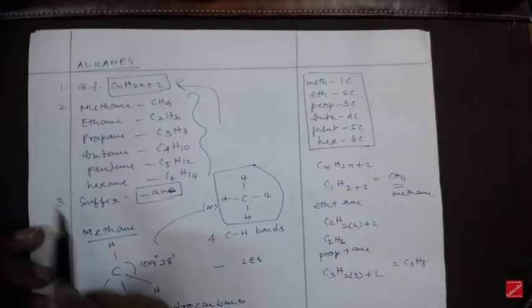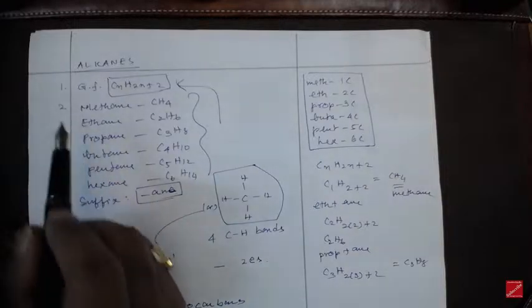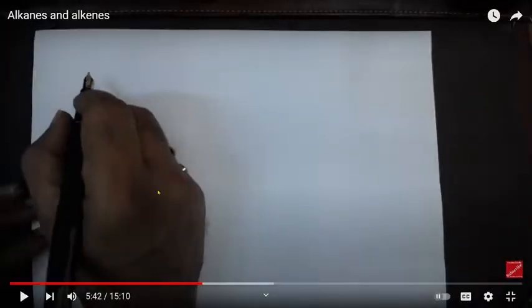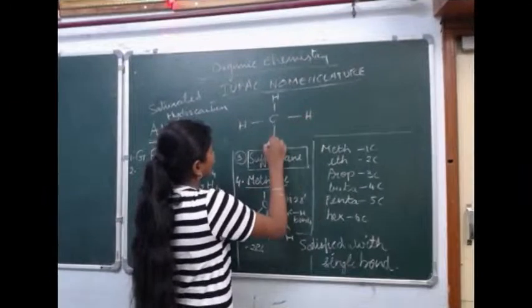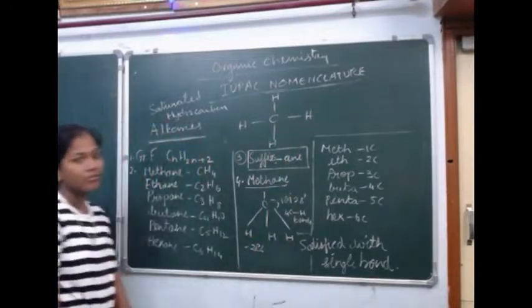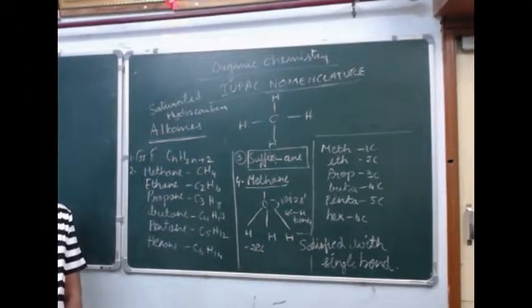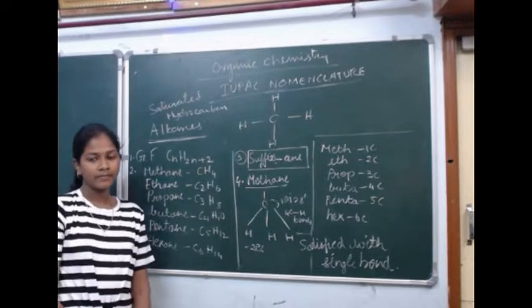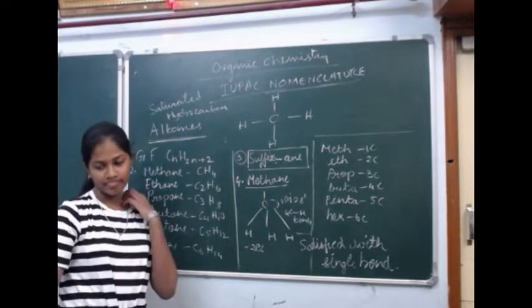Now let us try to draw the structure of ethane. Proceeding with that, I will show you the actual type of molecule as a model. Can you get me that model?